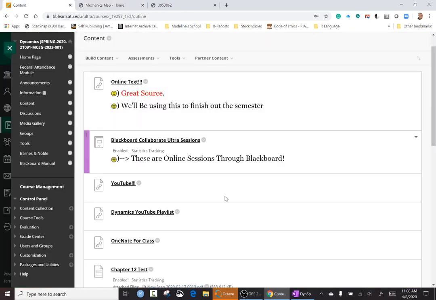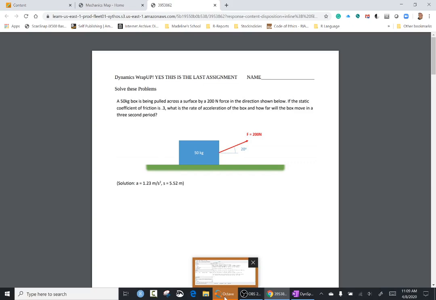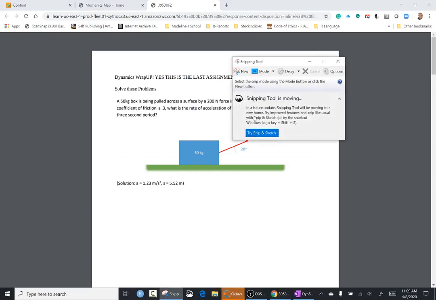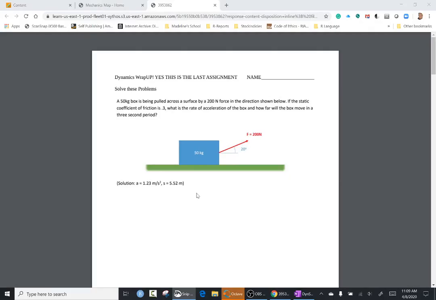Now let's look at our content and go back to it, and we're just going to look at this straight up, and I will start the problem for you over here on the OneNote.